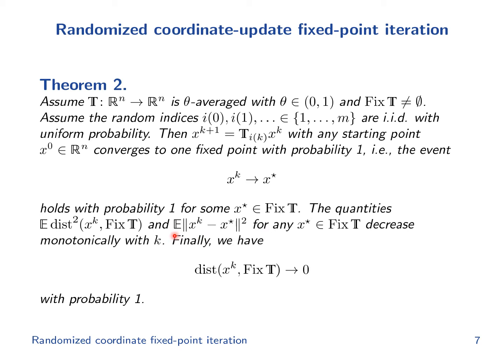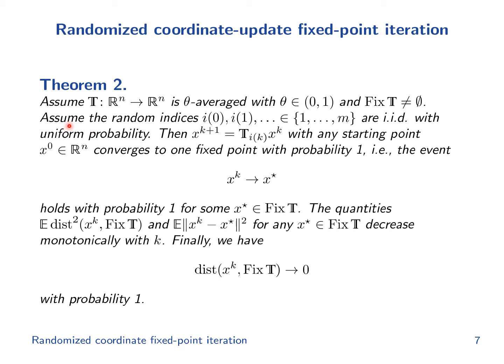And the second one is the expected squared distance of xk to any fixed point x star, whether it is the same x star as the limit, or in case the fixed point set of T has multiple points in it, any fixed point you can choose. Finally, the distance of xk to the fixed point set of T, as a random sequence, converges to 0 with probability 1.